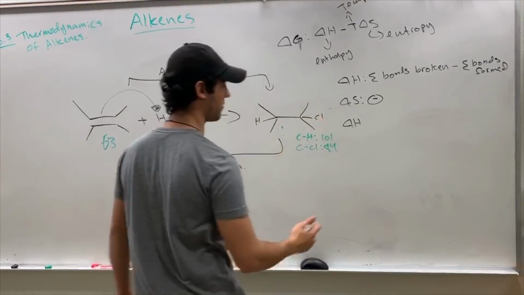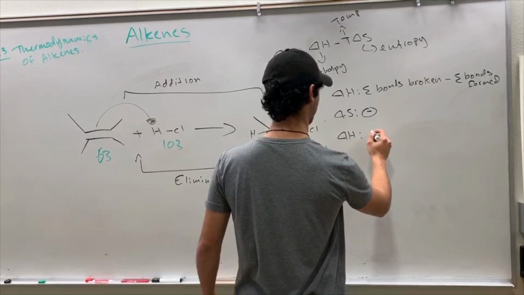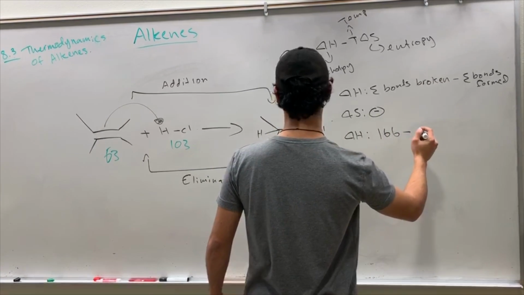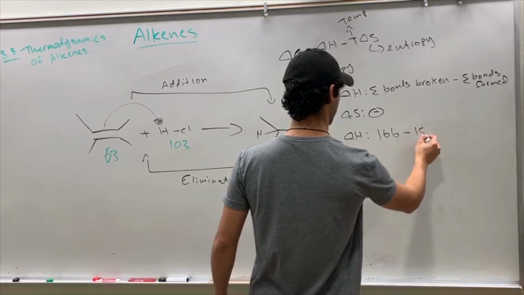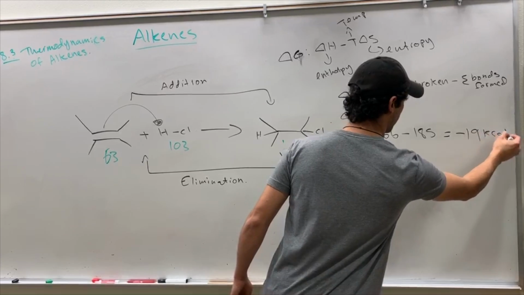If I do the sum of it, my delta H would be 166 minus 185, which would give me negative 19 kcal.